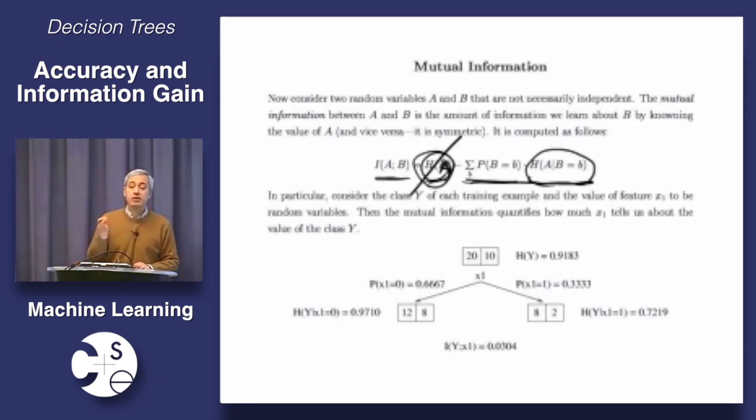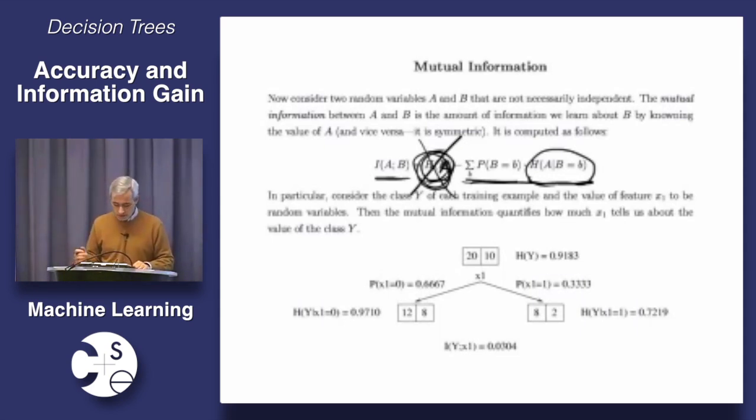I am not interested in the particular value. I'm only interested in picking the one that has the maximum value, and this contribution is equally there for all of them. The entropy of A is independent of the attribute that I'm testing, so it's going to be the same for all. It's going to affect the exact value, but it's not going to affect who comes out on top. So if you actually look at the code of decision tree learners, they don't bother with that part. But it's good to understand that effectively what we're computing is the mutual information.